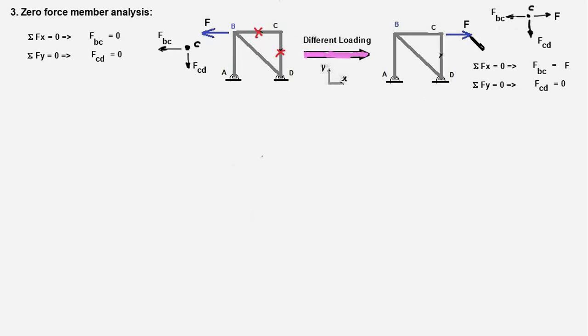The external force is now acting at joint C, and we analyze the forces acting at joint C. We draw this free body diagram, and the first equation, sigma Fx equal to 0, gives us FBC equal to F. That is, this member BC now has an internal force of F, and FCD is equal to 0. That is, this member is a zero force member.